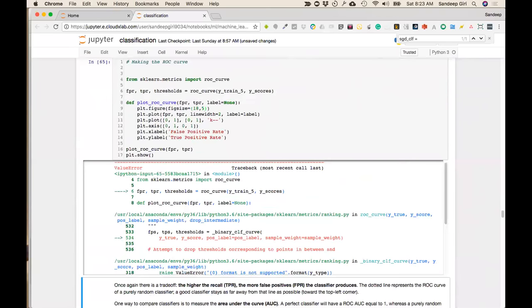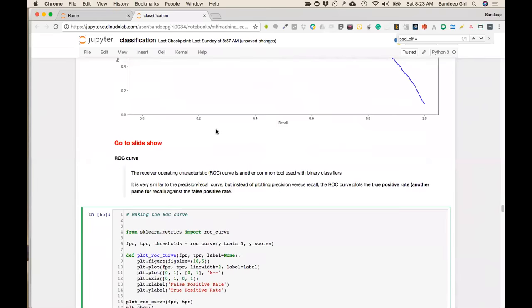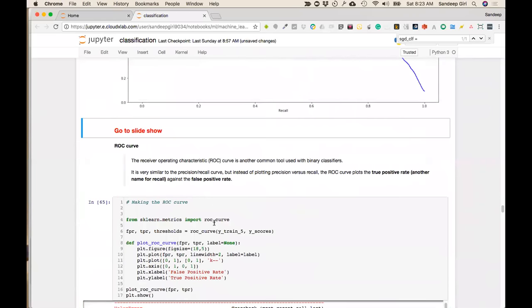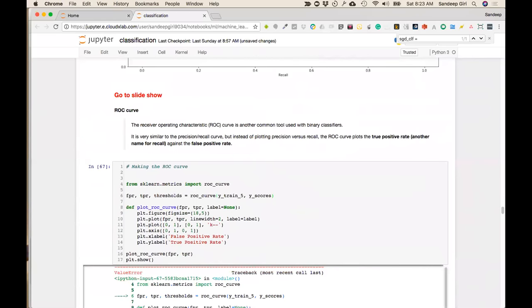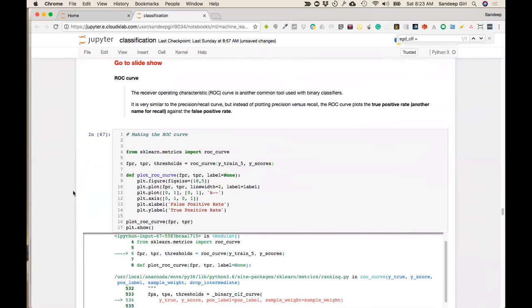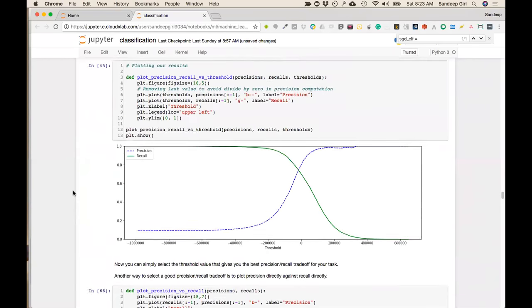See if I can try it well. I have to do other computations. Till what point did I run?